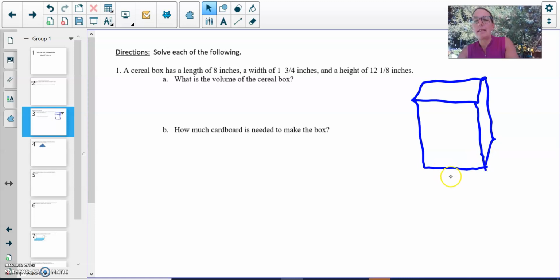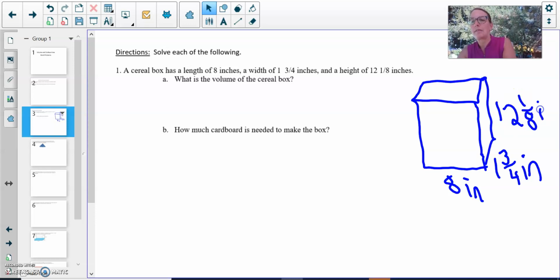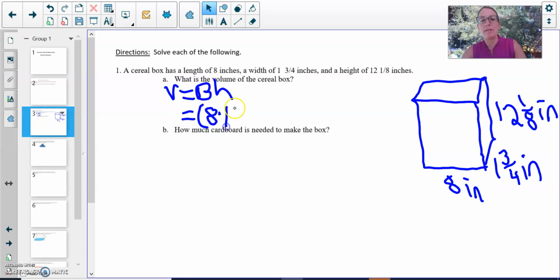Okay, so the length is 8 inches, the width is 1 3/4 inches, and the height is 12 1/8 inches. For volume, we're doing base area times height. The base area is 8 by 1 3/4, and the height is 12 1/8.